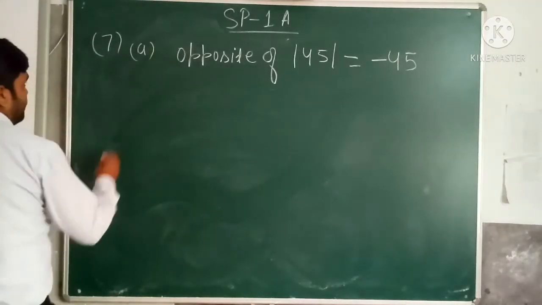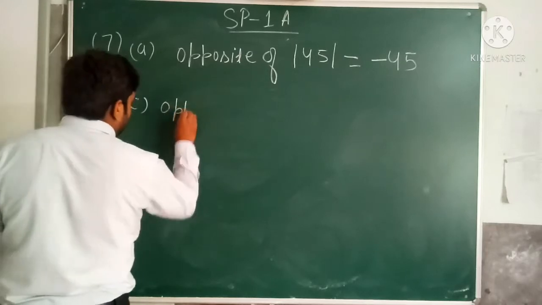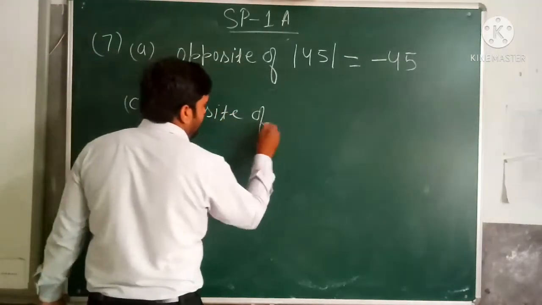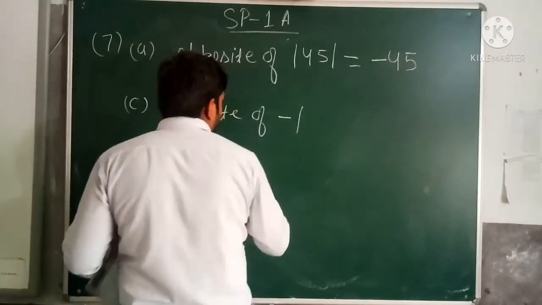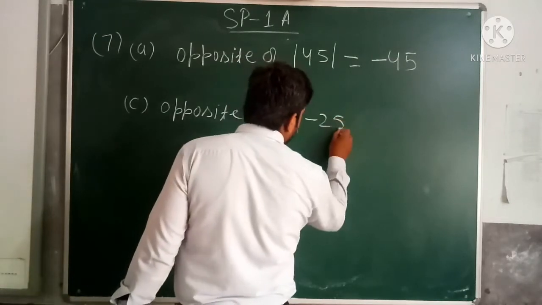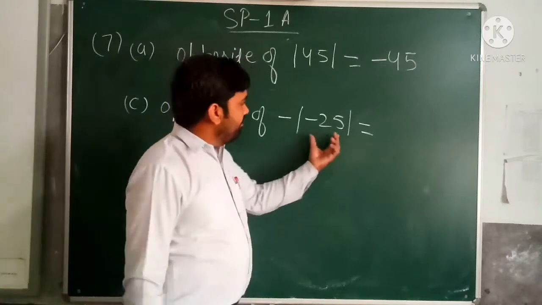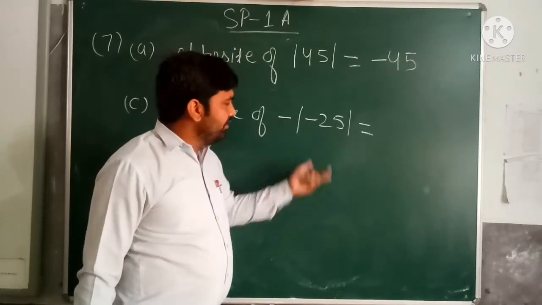Now you write the opposite of question number C: opposite of minus mod of minus 25. Now see, this mod of minus 25 gives you the positive, and this minus will make that positive negative.